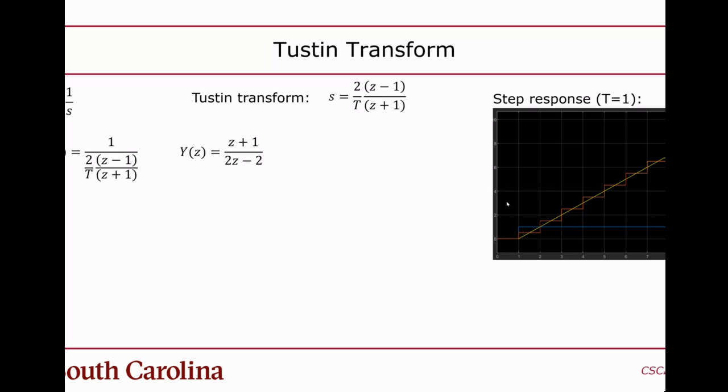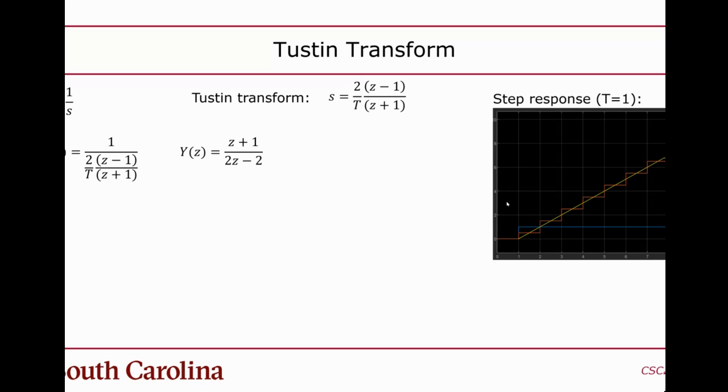And there's a way that you can derive what this all means, but in this case, I'm just going to give you the procedure for how to do it, instead of actually explaining why it does that. But the answer here is you take everywhere S appears in the continuous S domain function, and you replace it with 2 over t, where t is the sample time, multiplied by Z minus 1 divided by Z plus 1.